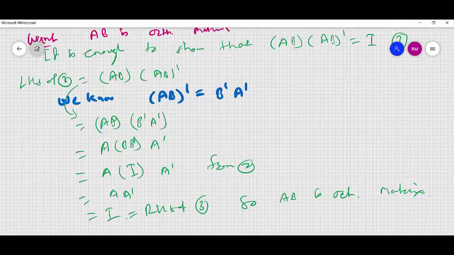Now we take the next property: inverse of an orthogonal matrix is also orthogonal.